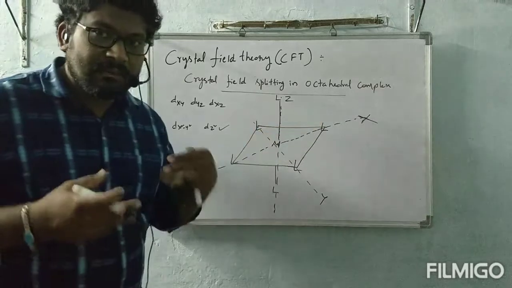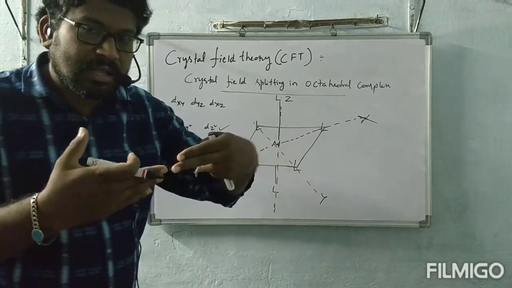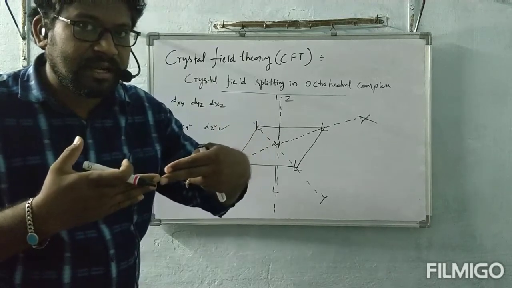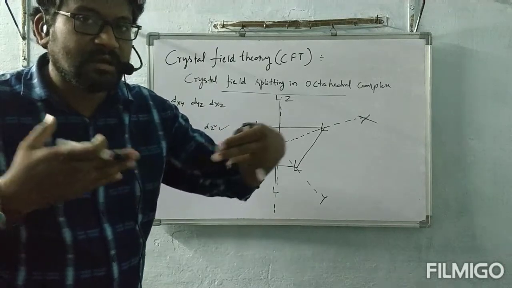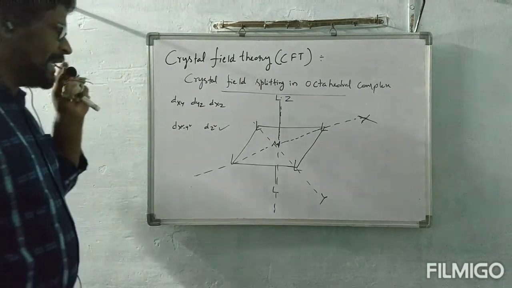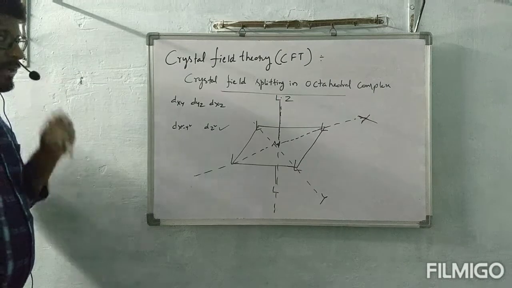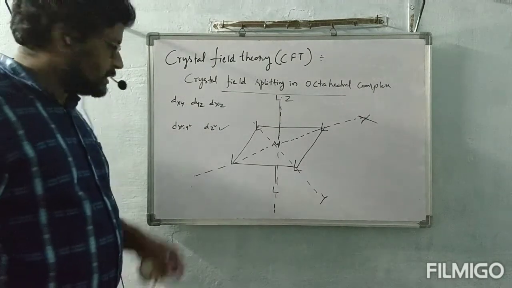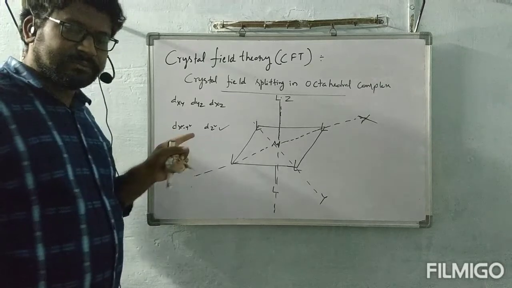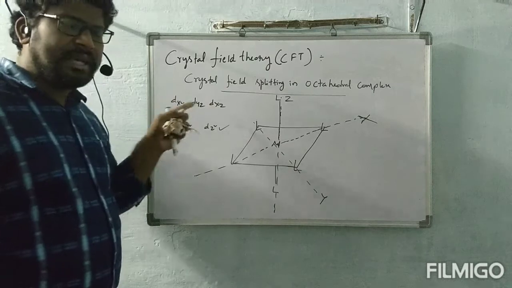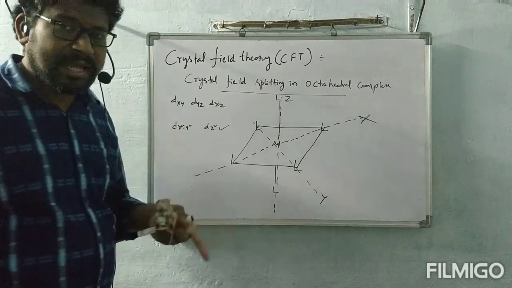One more time I am going to explain. Out of the 5 d orbitals, 2 d orbitals contain lobes along the axis. The remaining 3 d orbitals contain lobes in between the axes.